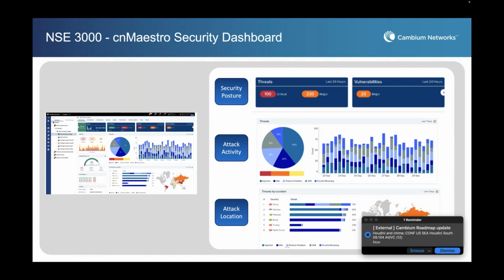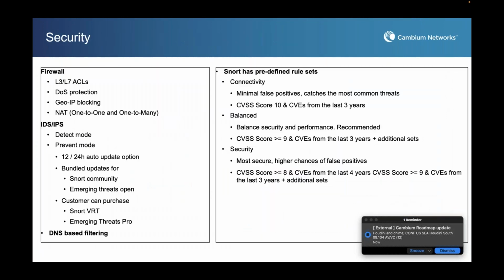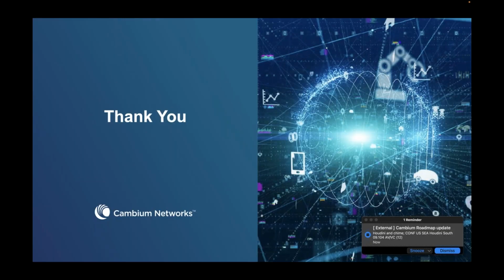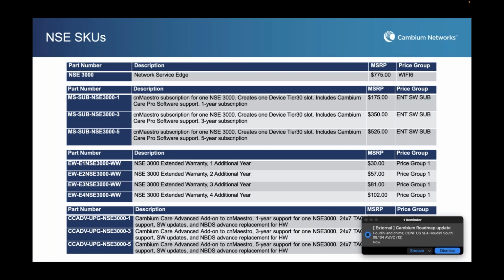A couple more questions. Regarding the warranty, you did mention it, but does it also come with physical damage or insurance claims? It comes with the standard warranty for 1 year, and the warranty basically allows for replacements. Then there's Cambium Care Advanced.